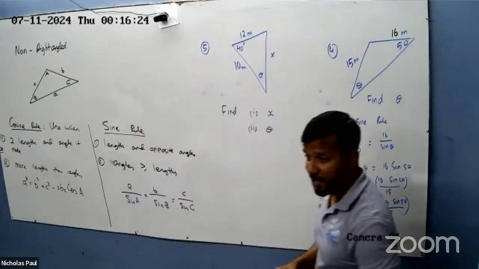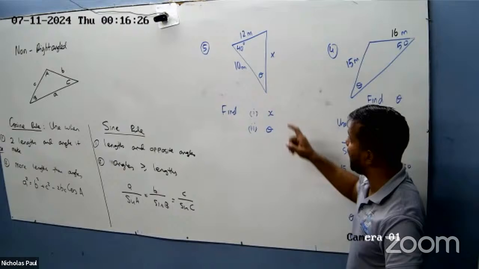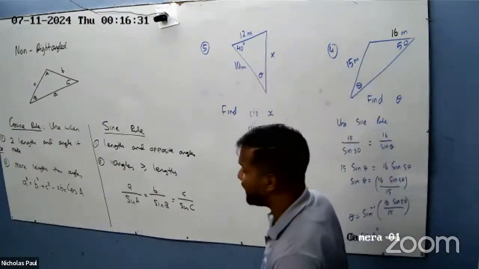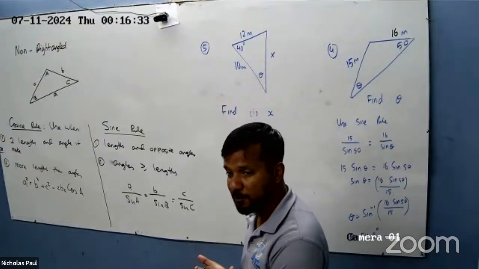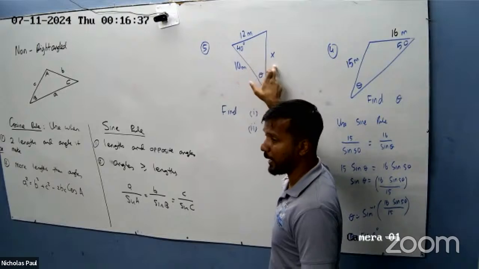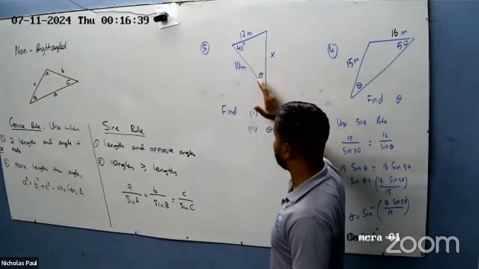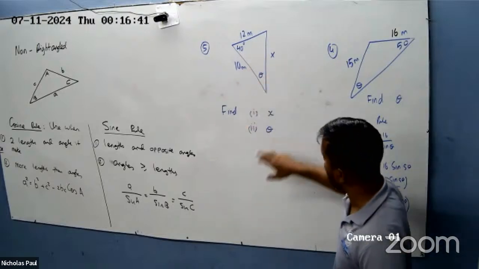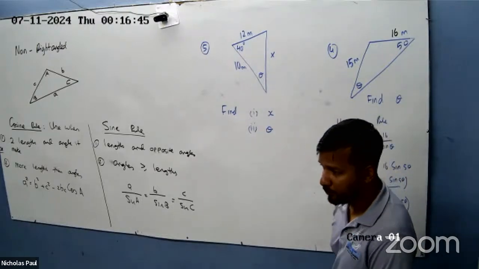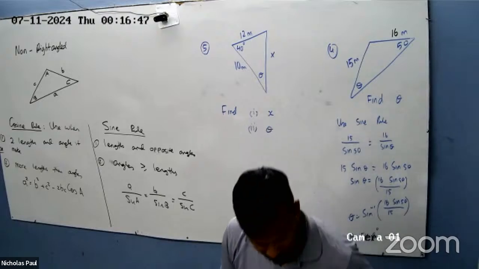Right. I give you the order I want you to find it in. Find x and then find theta. This is exactly what you will see in a bearing question. You will draw a bearing, and when you finish, you'll get a triangle looking like this. And they will ask in the same order. So I want you to figure out the rule to use here and the rule to use here. Right? Take your time. And I'll pick on some people.